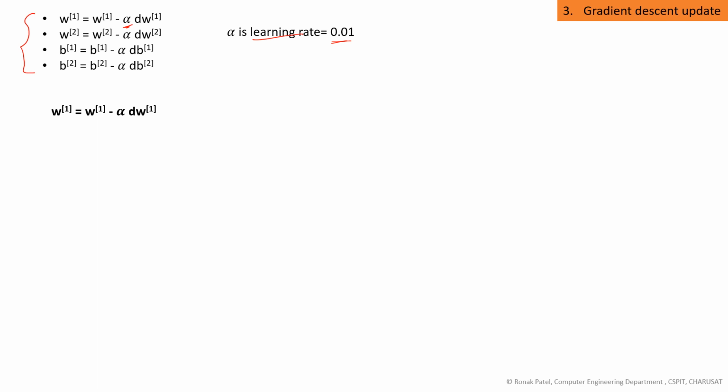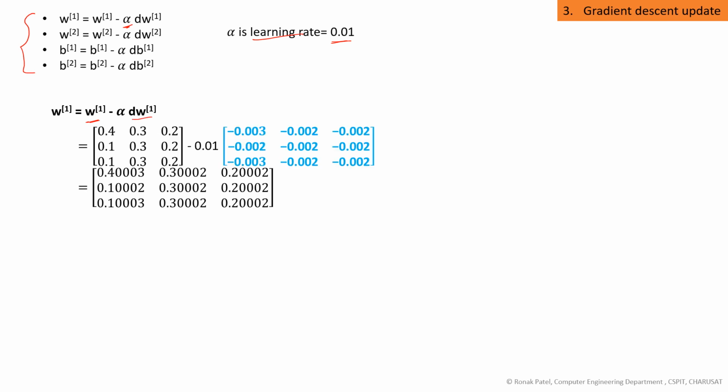Let's see first W1. Your new W1 is equal to your old W1 minus alpha into the derivative, that is dW1. This is your W1 minus alpha 0.01 into dW1. We have calculated this thing. If you multiply this with all the elements and subtract that, you will get this value.